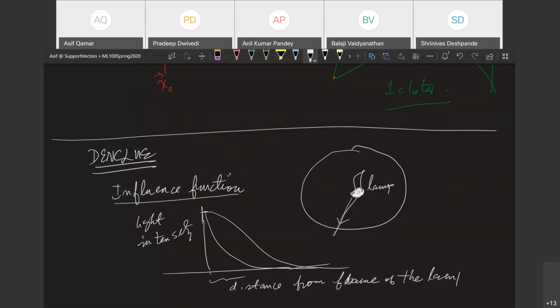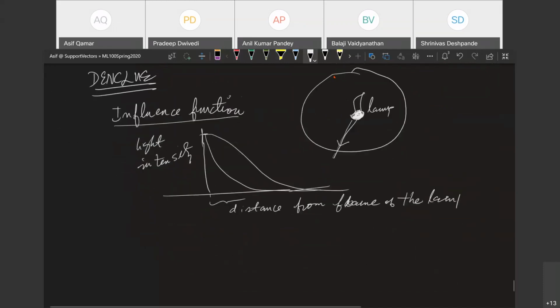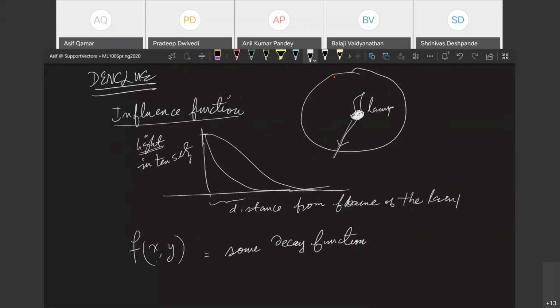I don't like that analogy, so let's just use the light analogy. The function of the distance between x and y, where x is the source and y is some arbitrary point, is some decay function. These are usually called the influence functions.